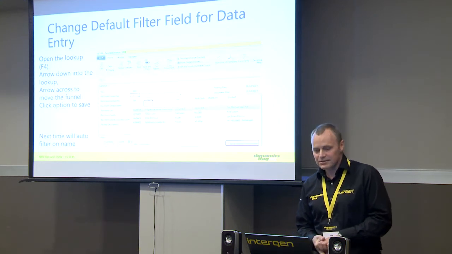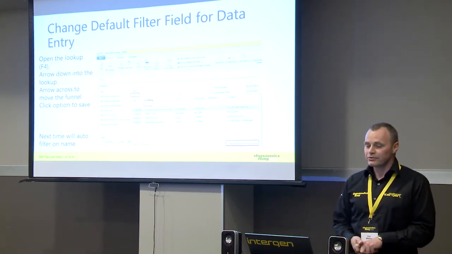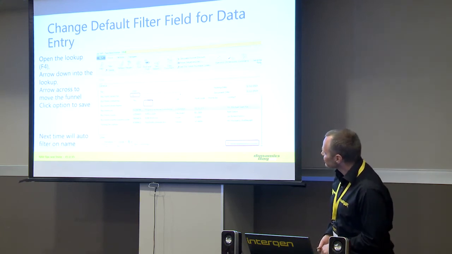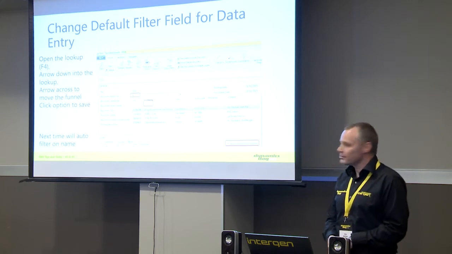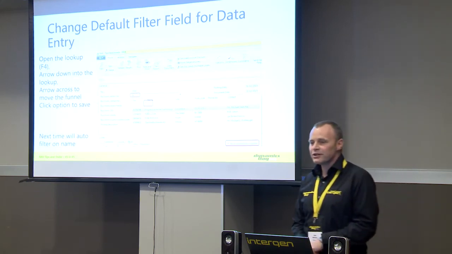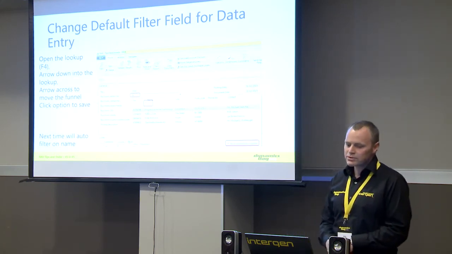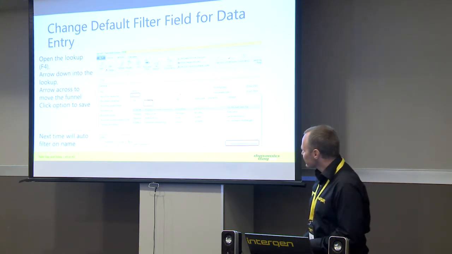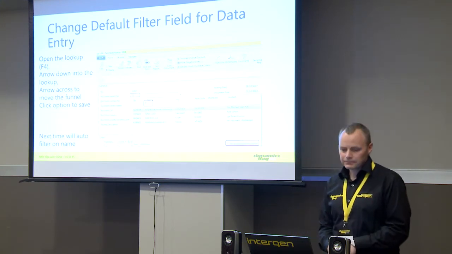So the first one, changing the default filter field for data entry. That's a purchase invoice there, and I'm in the vendor number field. When I drill down on that, it wants to filter on that first column with the vendor number.